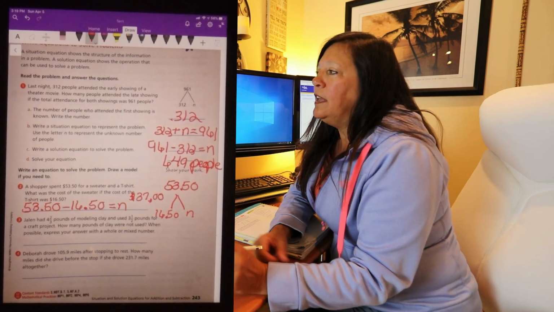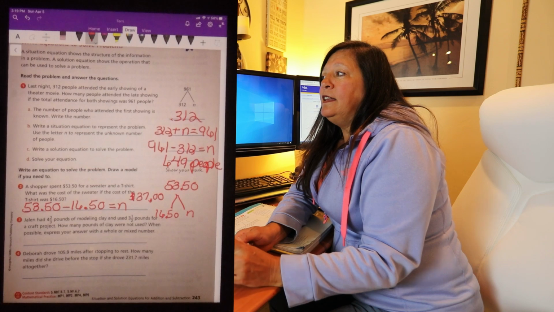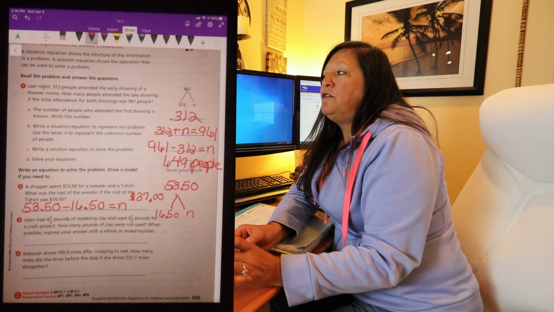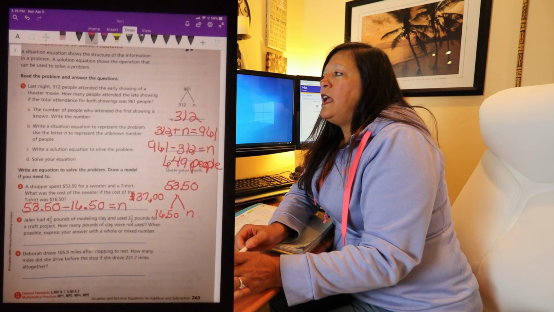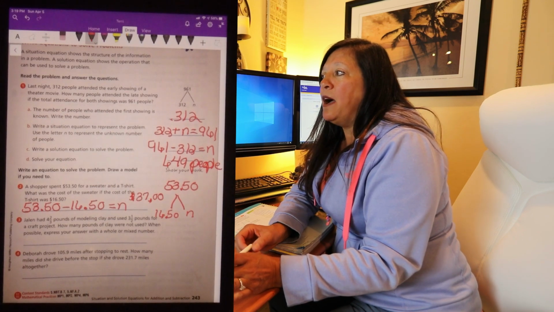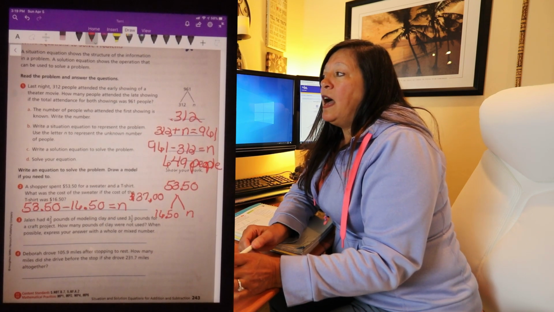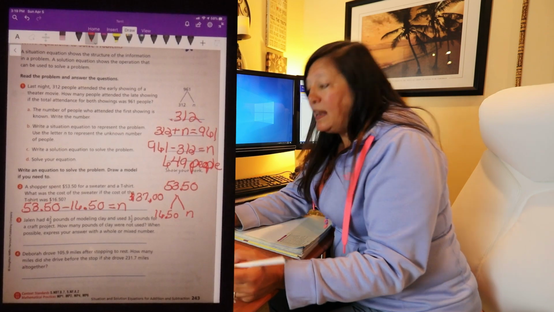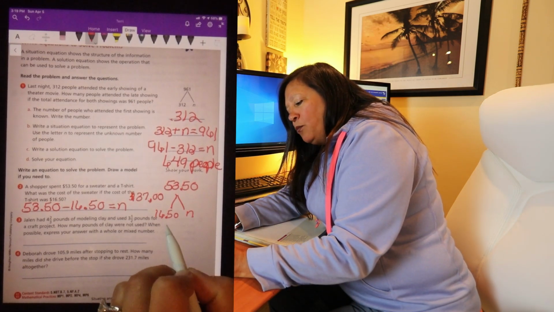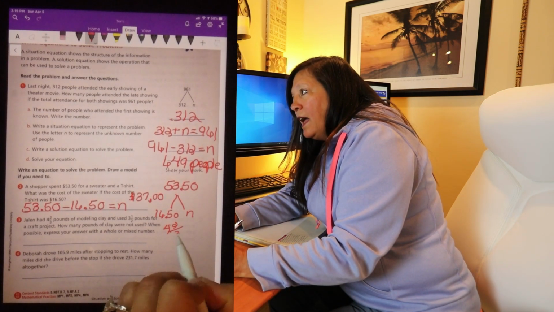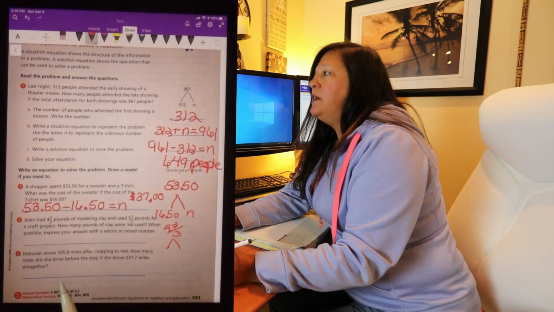All right, so looking at number 3, Jalen had 4 2/3 pounds of modeling clay and used 3.5 pounds for a craft project. How many pounds of clay were not used? So again, we know the total amount they had. That's the top of our math mountain.